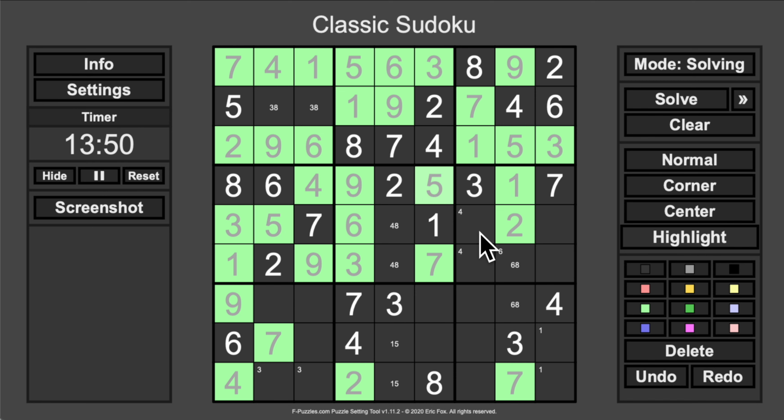This 5 and this 5 tell me one of these has to be a 5, and we might have a problem because I can't have 3 different corner marks for 3 different digits in one cell. But maybe I don't, we'll have to see.